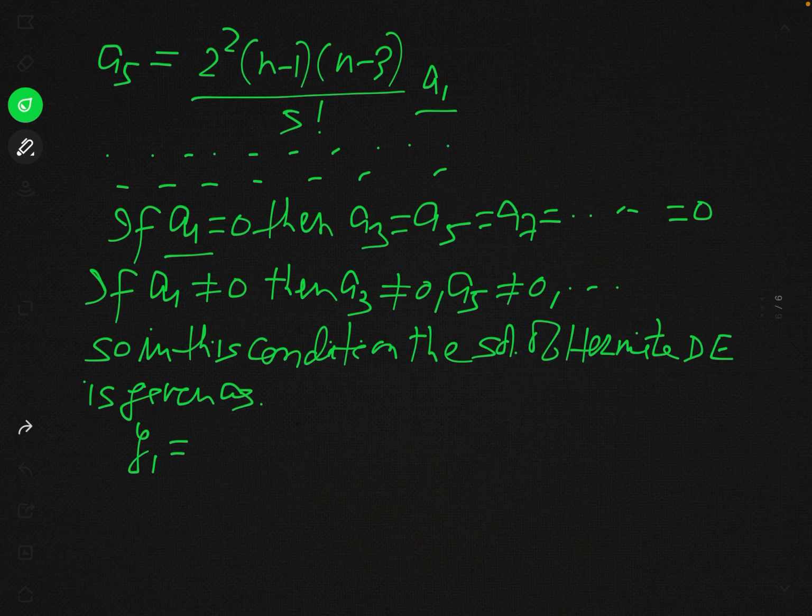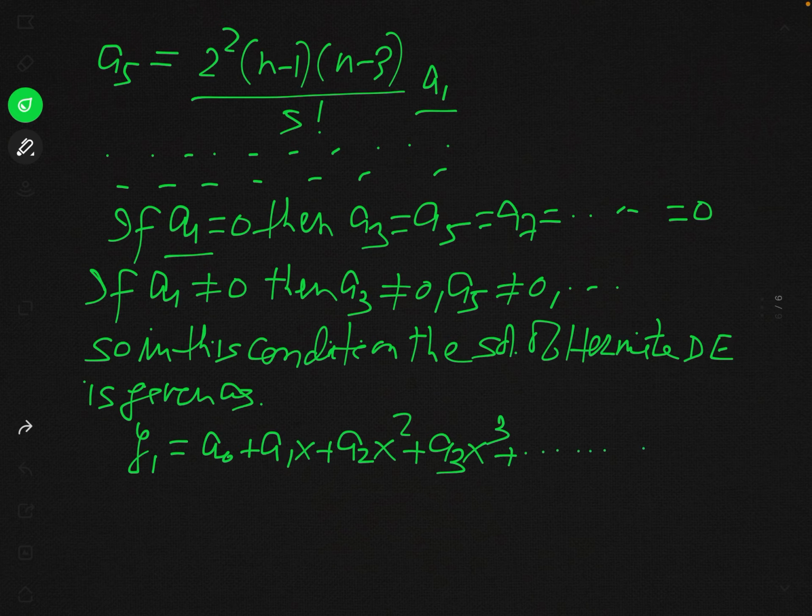So this y1 you know will be what? This will be in fact a naught plus a1x plus a2x square plus a3x cube plus so on.